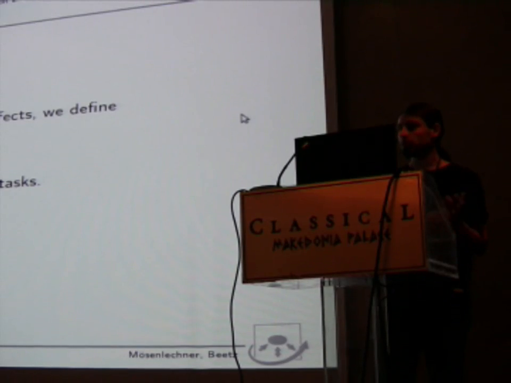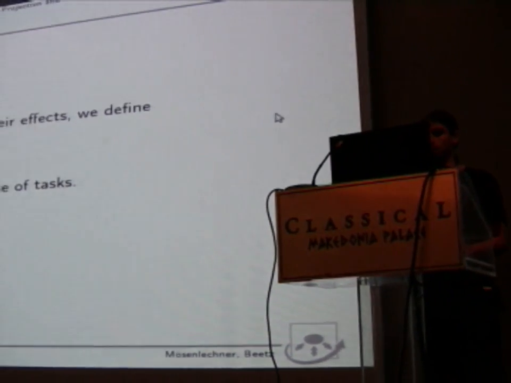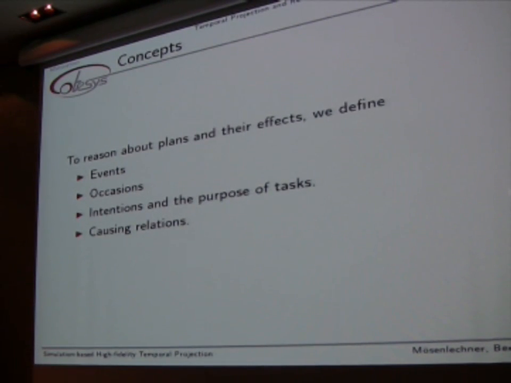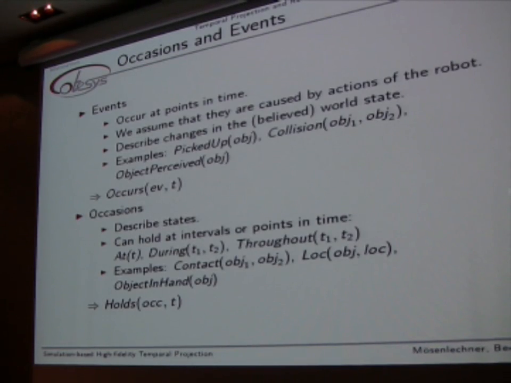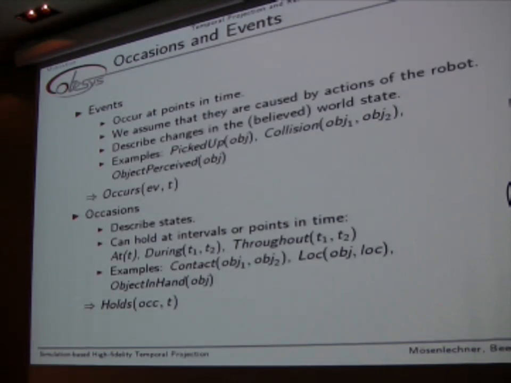Basically, what we need to reason about all this plan execution is several concepts. So we define events, we define occasions, we define the intention and the purpose of tasks, and we need a causing relation in order to find out tasks that caused a specific event that is unwanted or something like this. So let me start. We have occasions and events.